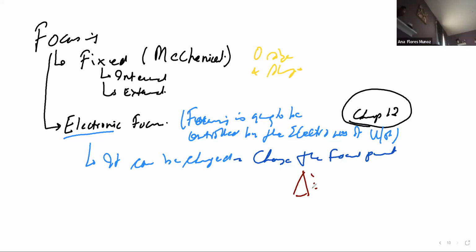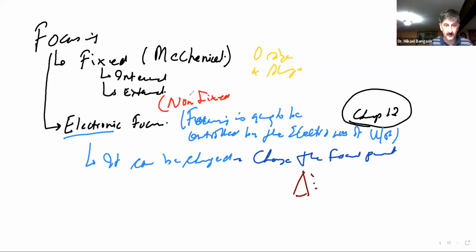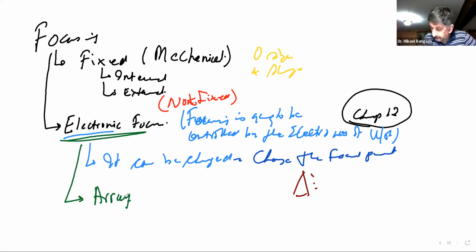Yes. Okay, so in that way, this is going to be non-fixed, or we say not fixed focusing. Then we actually can change it. Another term that we will come across, which is still only found in the electronic focusing, is array.